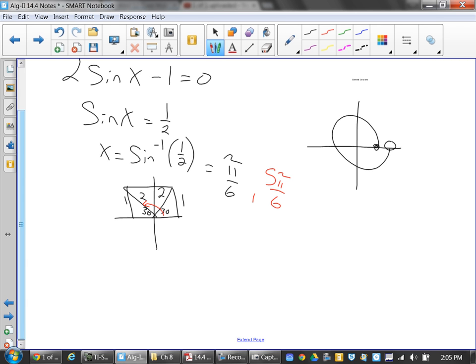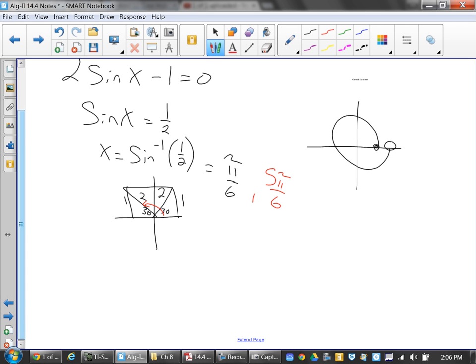Okay? What you're looking at here, guys, is that you have to remember that in your quadrants, cosine is positive, sine is positive, because x is positive, y is positive. Here it's negative, positive, negative, negative, and positive, negative.